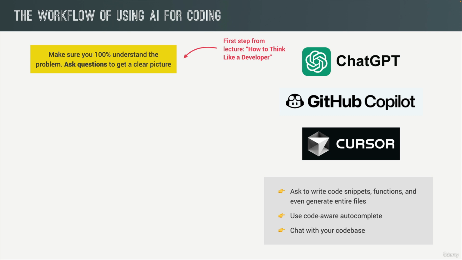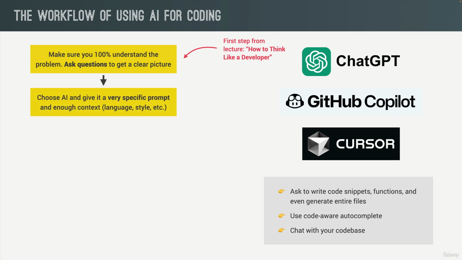But anyway, next up, you're gonna choose which AI tool you want to use, and then you need to write a very specific prompt, telling it exactly what you want to get done. For this, it's important to feed the AI the exact context of the problem, like what topic it's about, the exact goal that should be achieved, what language it should write the solution in, what coding style you want, and so on.